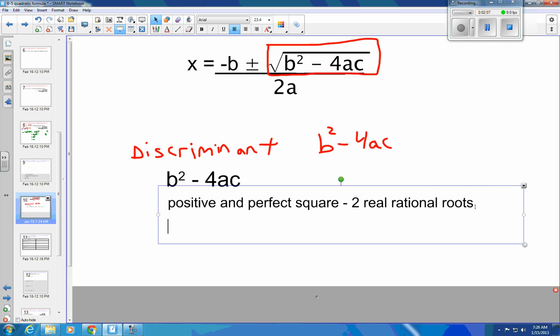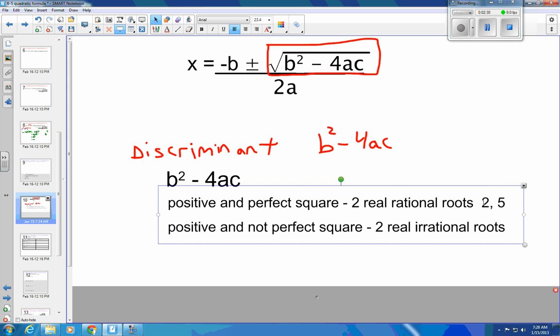Okay, then the other thing it could be is positive and not a perfect square. And then you would have two, and they would be real, but they would be irrational. And just to get the idea of what you have here, this would be an answer like 2 and 5 would be an example.